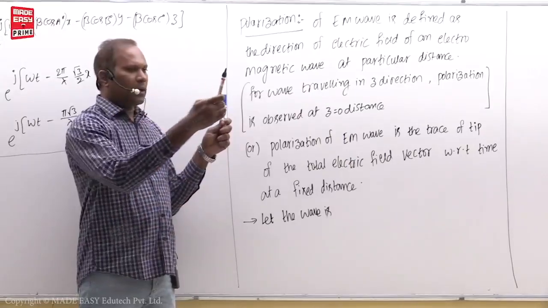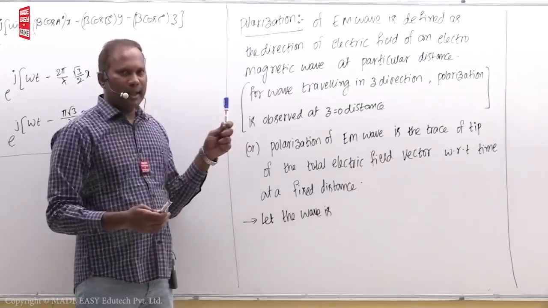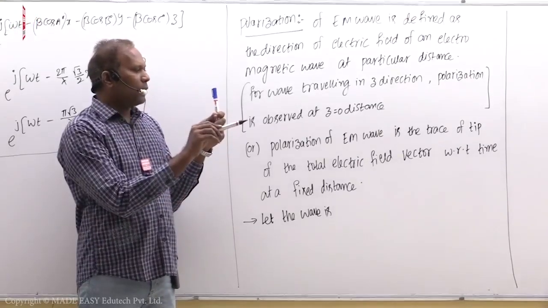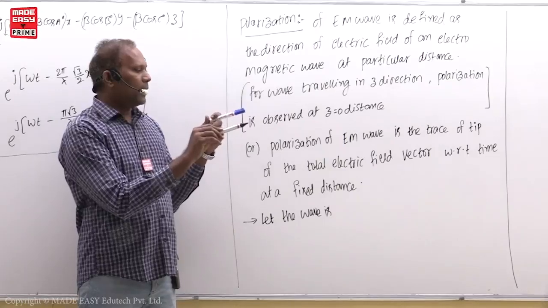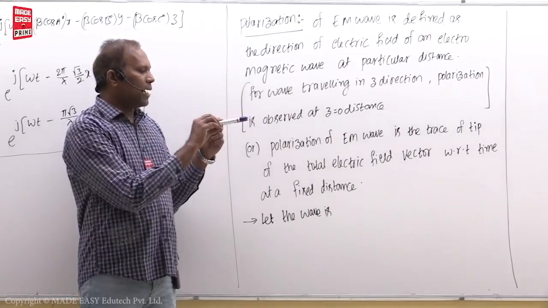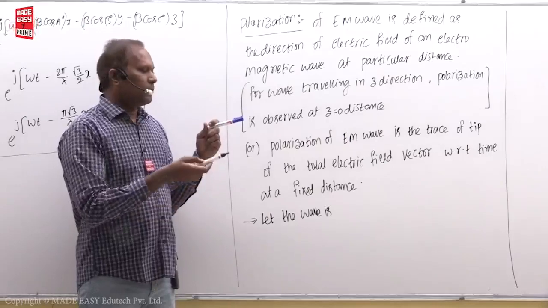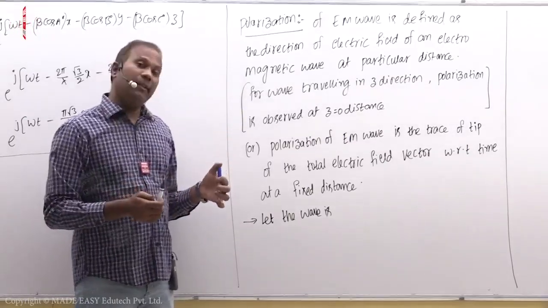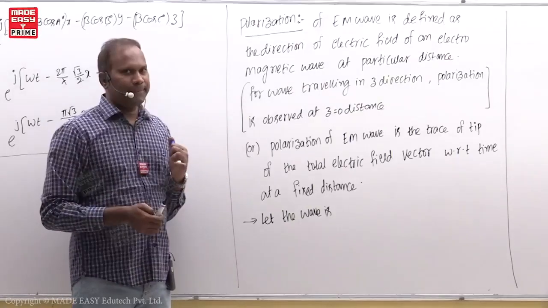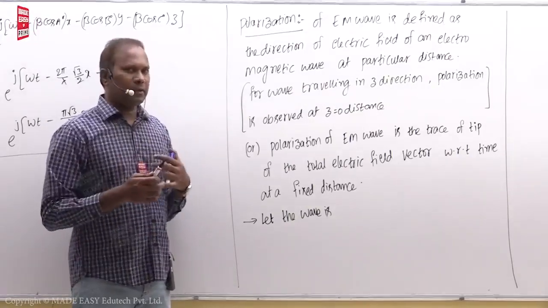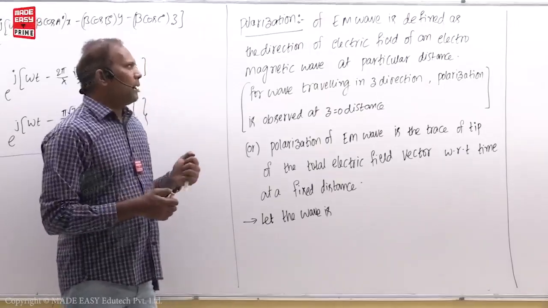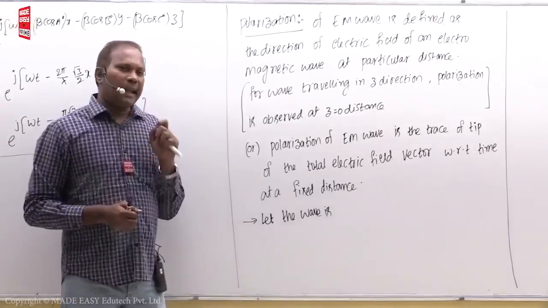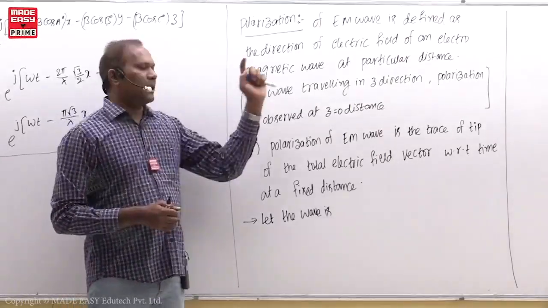If the incoming electromagnetic wave, for example a radio Mirchi signal, has a horizontal electric field, then you have to turn this radio antenna also horizontal, so that it receives the horizontally polarized wave. That means the electric field direction has significance with respect to the receiving antenna. That we will study in antennas also. Now, polarization of an electromagnetic wave is defined as the direction of the electric field at a particular distance.